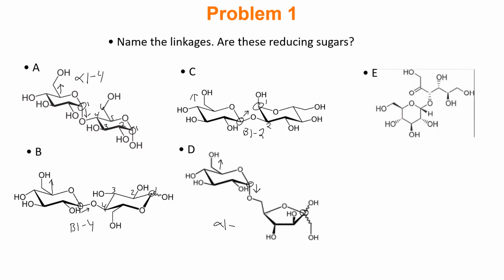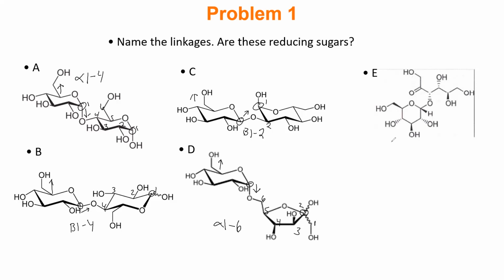Is it the one to the right or the one to the left? Again, you're looking for the one directly connected to a different oxygen. And here our numbering system is carbon number 1 is the carbon connected to the anomeric carbon. So that's 1, 2, 3, 4, 5, 6. So it's actually carbon 6 that is connected to us. So this is an alpha 1, 6 sugar.